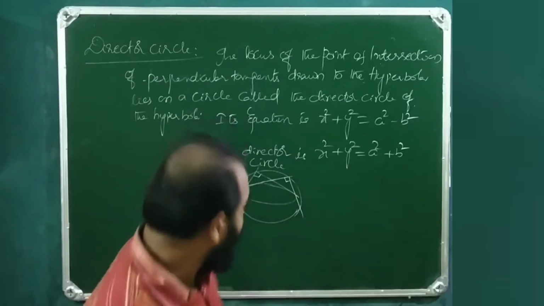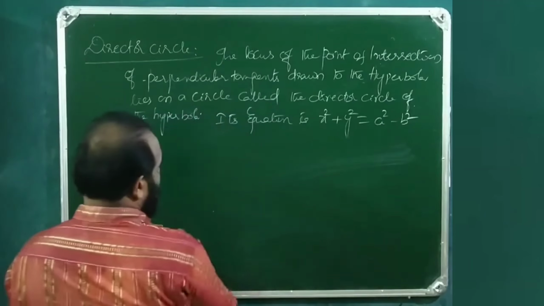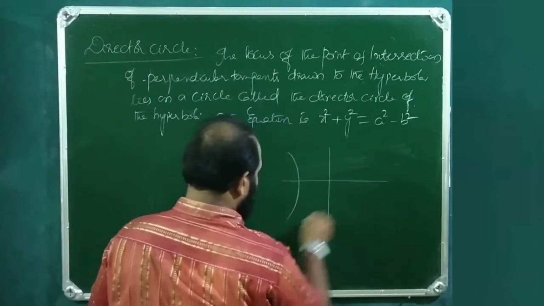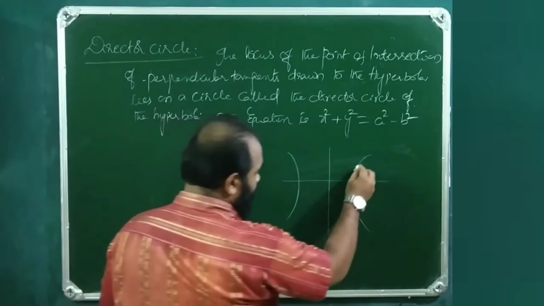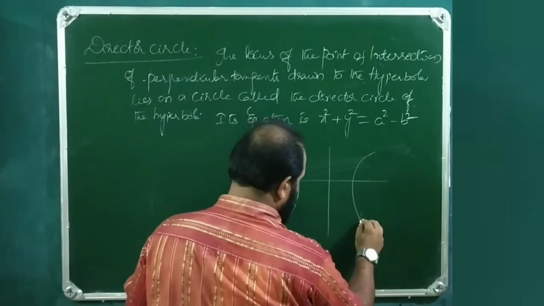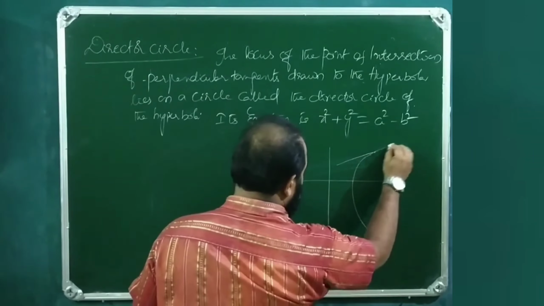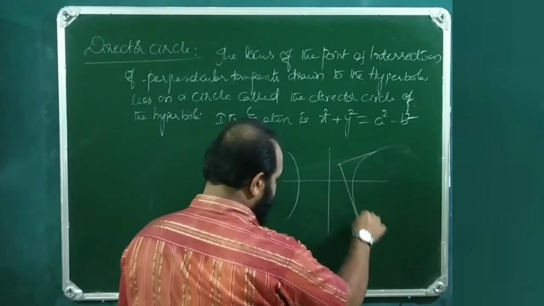And now for the hyperbola. This is the hyperbola. Let us suppose that this is a tangent for this hyperbola, and this is another tangent for this hyperbola.